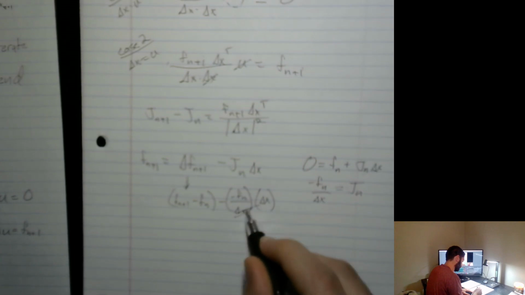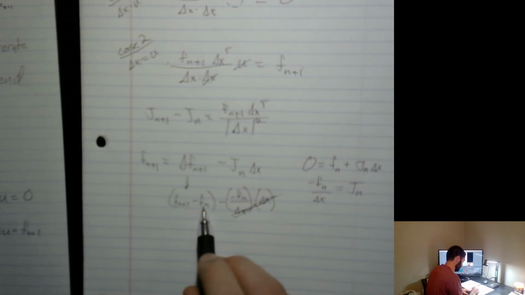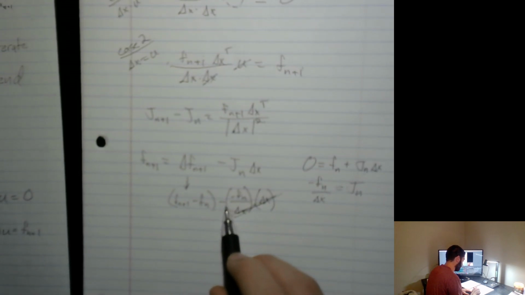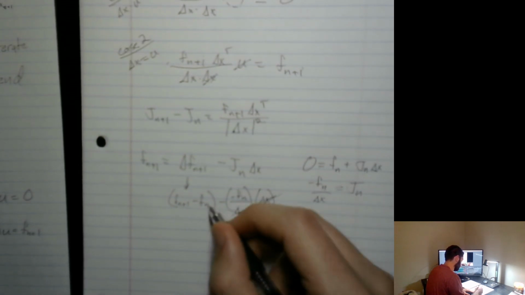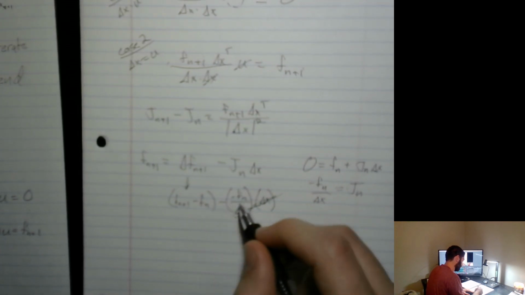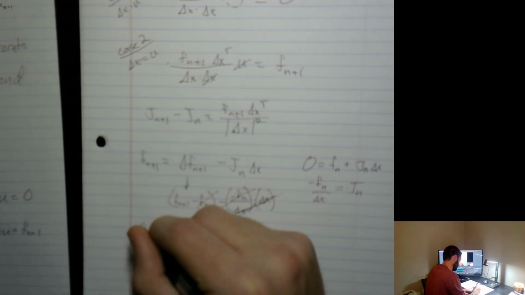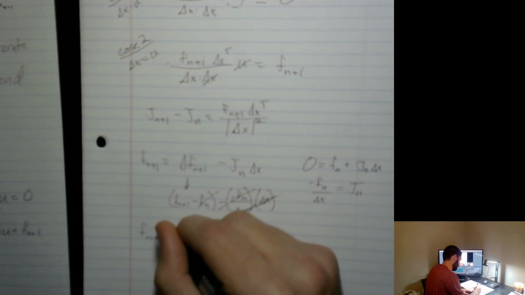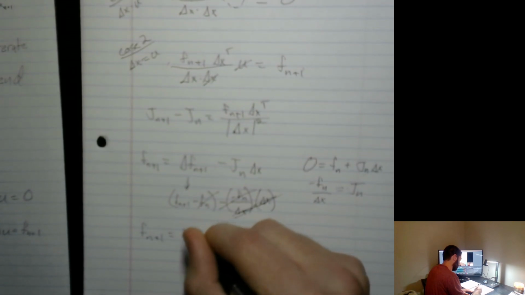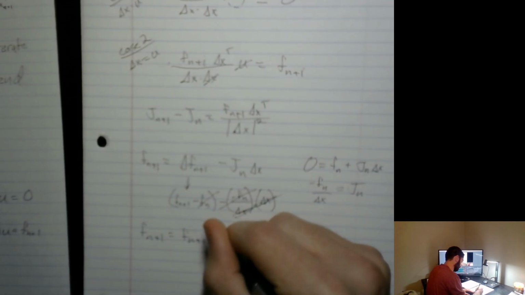So these will clearly cancel, and we're left with f of n plus 1 minus fn, minus a negative fn, so this becomes plus fn, and we have minus fn plus fn, so this will cancel with that, and we are left with fn plus 1 equaling fn plus 1, and this is clearly a true statement.